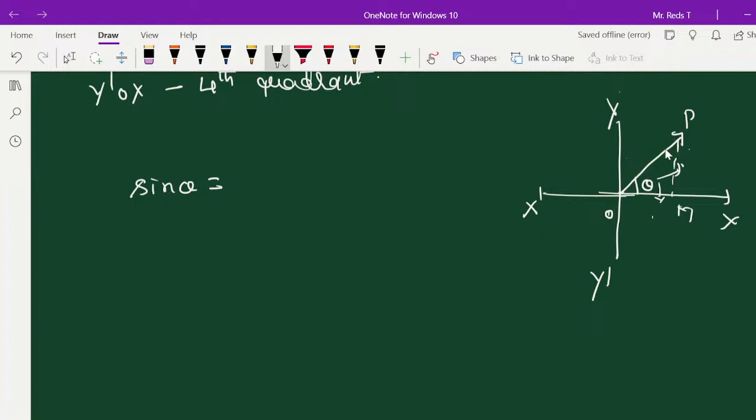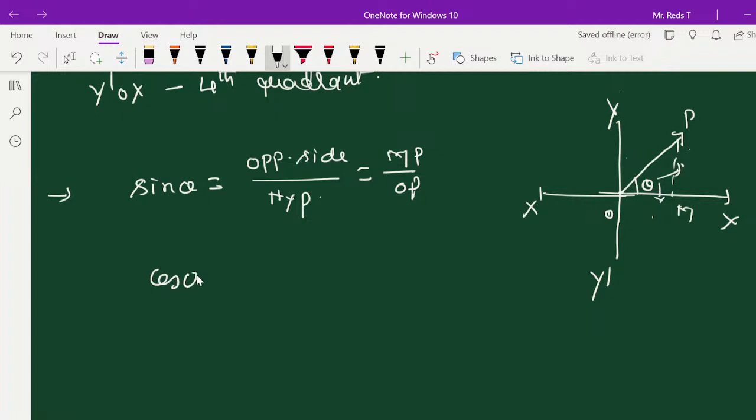OP is called the hypotenuse. So for this, sin theta is opposite side by hypotenuse. In terms of symbols, the opposite side is MP and the hypotenuse is OP, so you can write MP by OP.